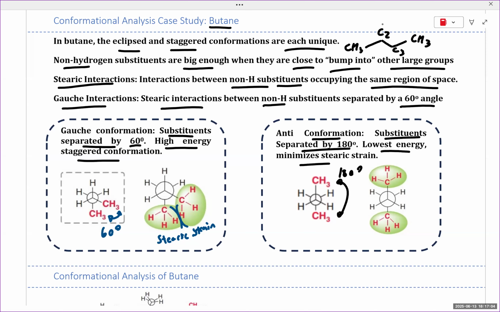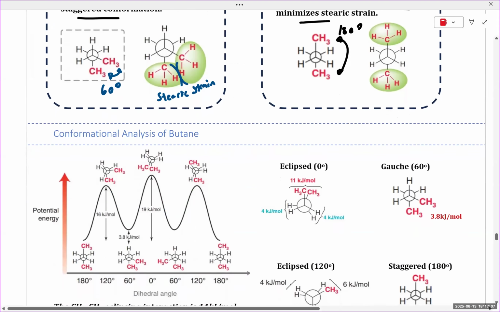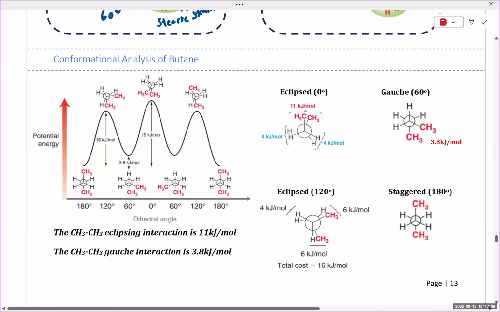So, with this context in mind, let's look at butane. We can separate the different conformations of butane into 4 major classes: the eclipsed, gauche, the high energy eclipsed conformation, and the staggered conformation. Now, for those wondering, how do we tell the difference between the two eclipsed conformations?